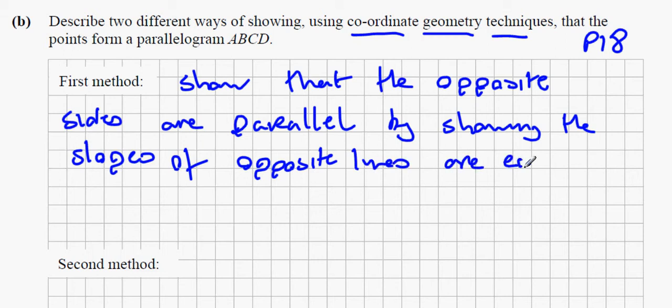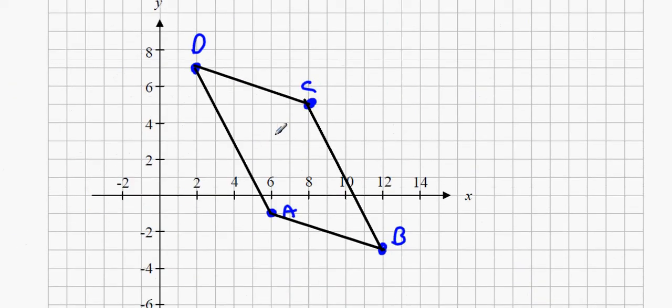I go to my diagram, I show that DC and its opposite side AB have equal slopes, so they're parallel. Then I show that DA or AD has the same slope as BC. This proves it's a parallelogram.